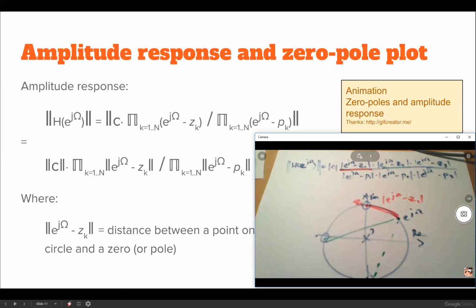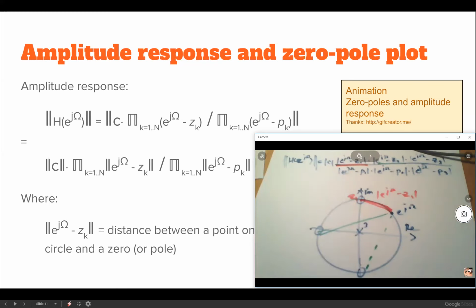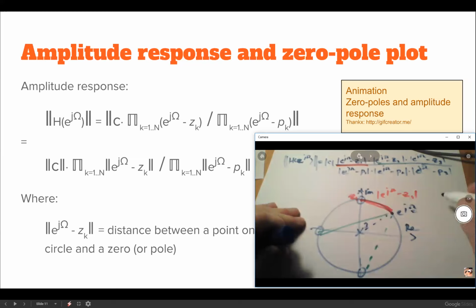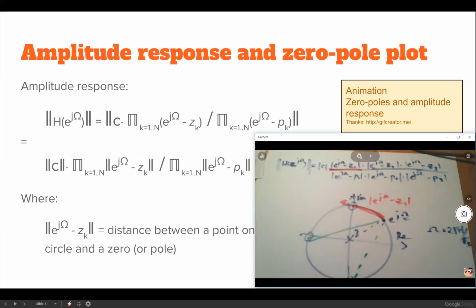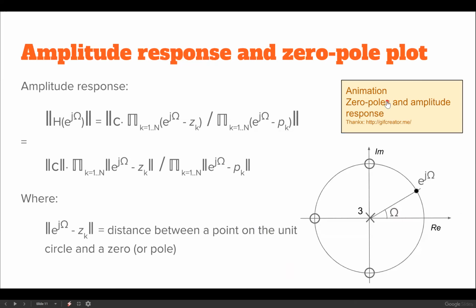So graphically speaking, for the amplitude response on a zero pole plot, you can start measuring the distances from that specific point at that angle, meaning at the physical frequency F, and you can calculate these distances to each zero and each pole easily. Okay. So that's what I had here.